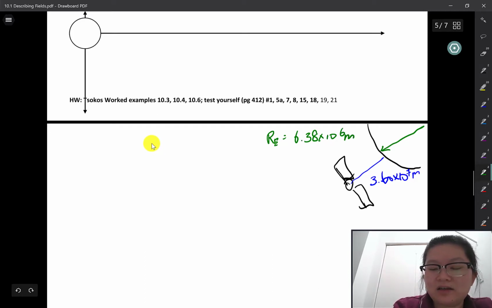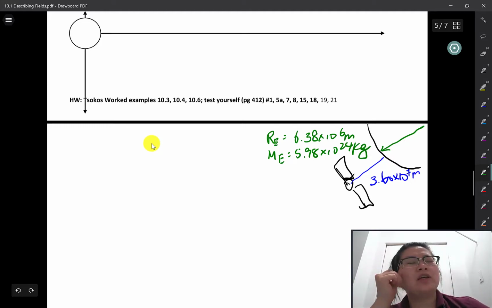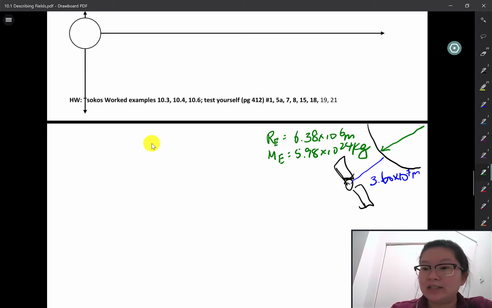The other thing you are not required to remember is the mass of the Earth, which is 5.98 times 10 to the power of 24 kilograms. That would be given to you in a question, or in your data booklet. So we're going to use all this information to find the gravitational potential energy of this satellite.